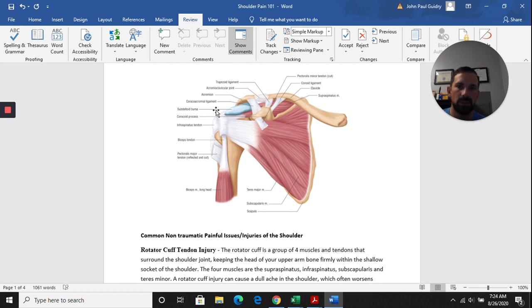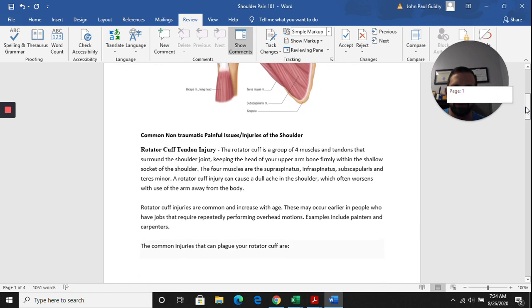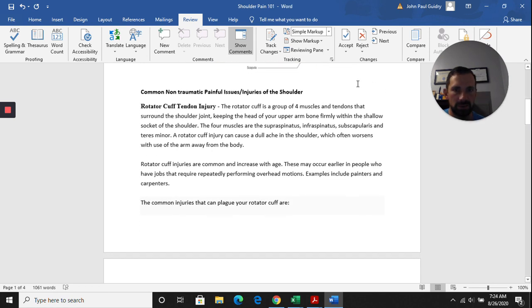You can also have osteoarthritis, which you can get in any joint of the body, and you can get some injuries to the AC joint here and to these ligaments here.